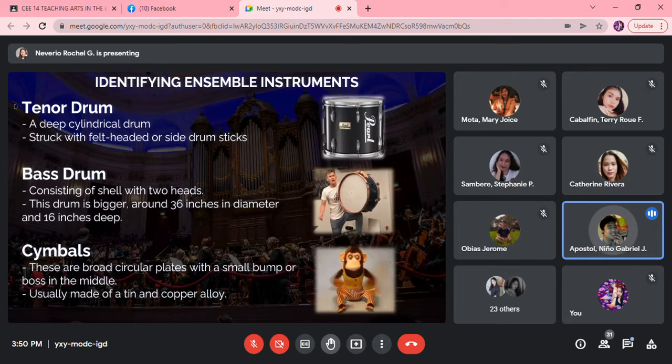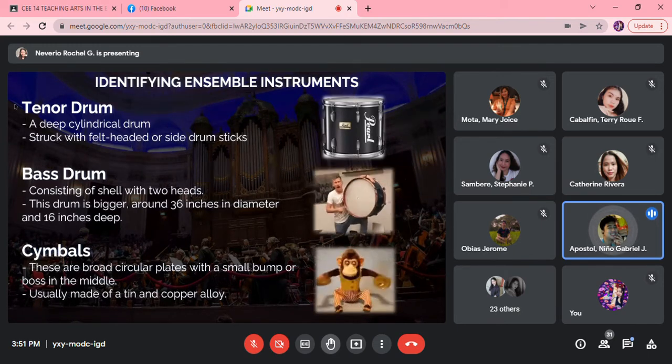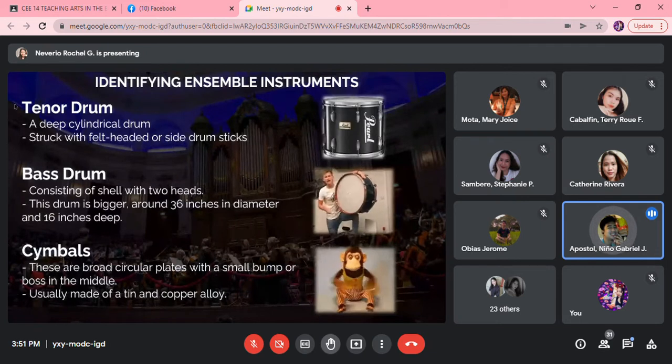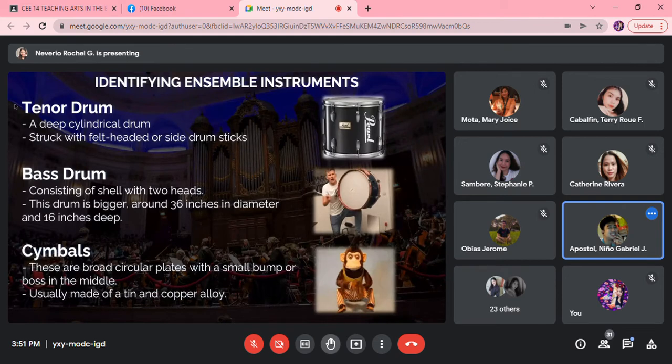And it is normally beaten with two soft-headed sticks. The heads are tensioned by rope lacings or metal rods. Tingnan nyo dun sa image niya, may rope lacings or metal rods para ma-keep yung sound niya. Kumbaga, yung function niya is mas mag-function talaga ganyan.